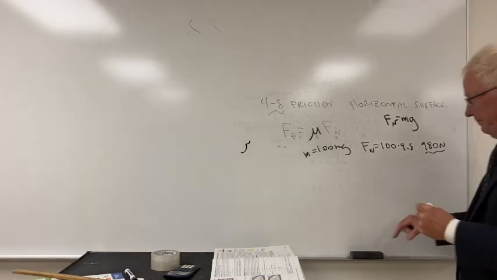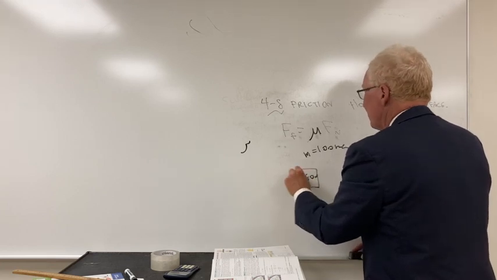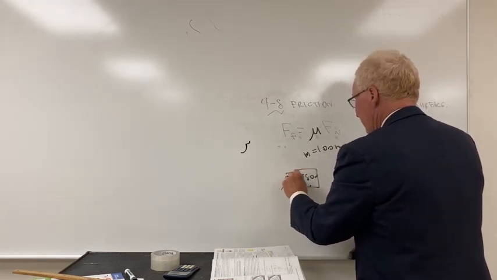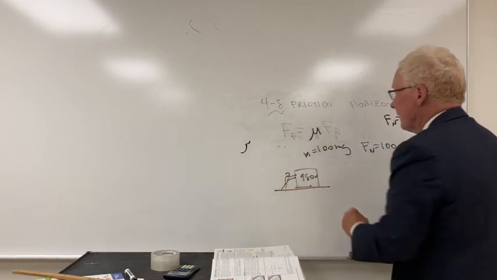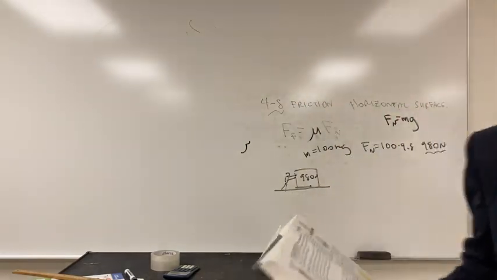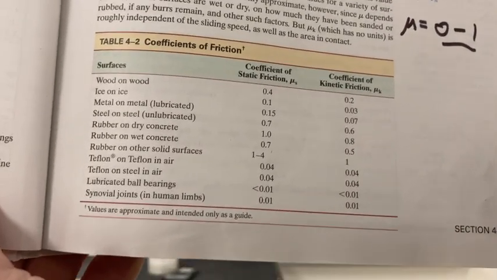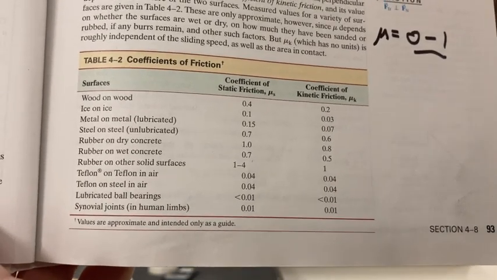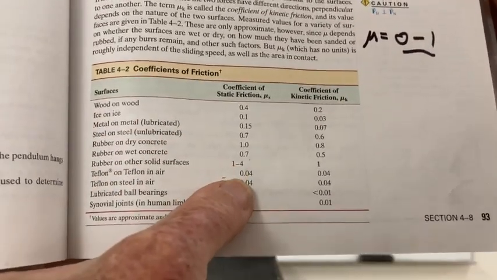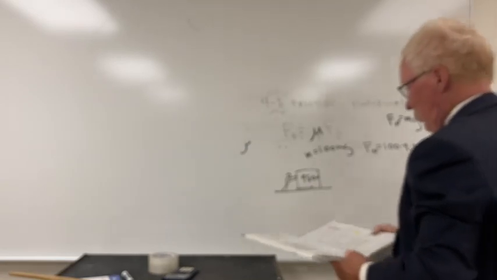So if I have a weight that weighs 980 newtons, and I'm trying to push it, depending on the surface we have certain values, and I can show you some examples in the table. The table has coefficients of friction. And we'll see there's what they call static friction and kinetic friction. And we'll talk about those a little bit.